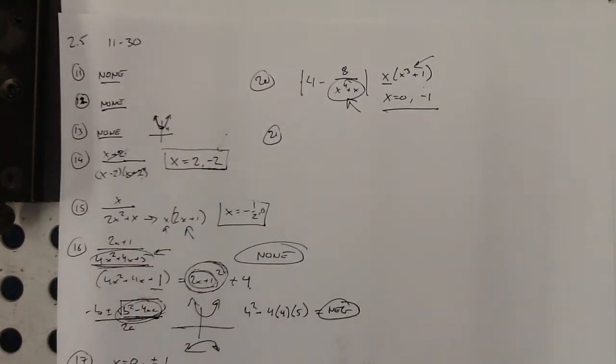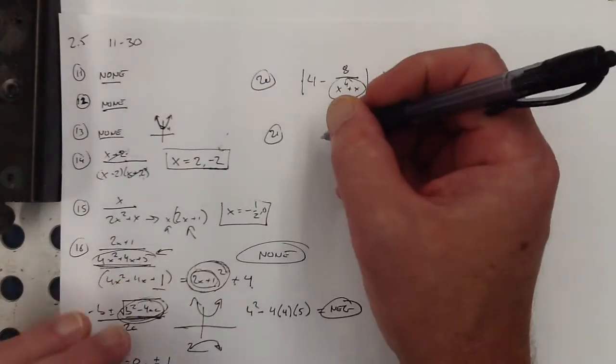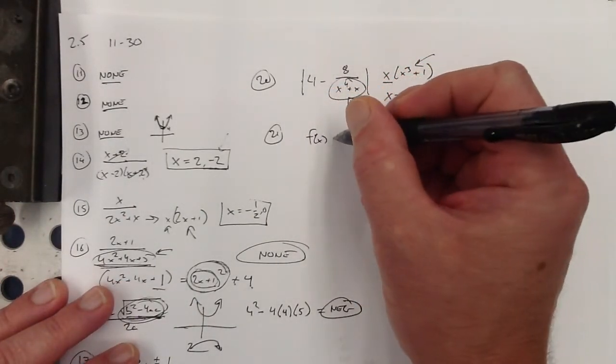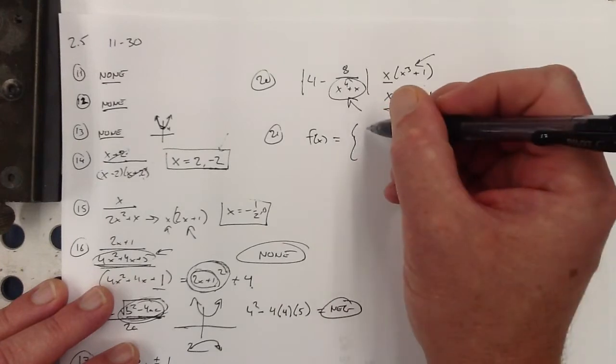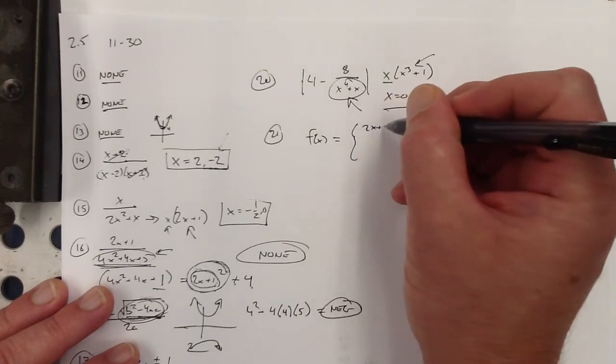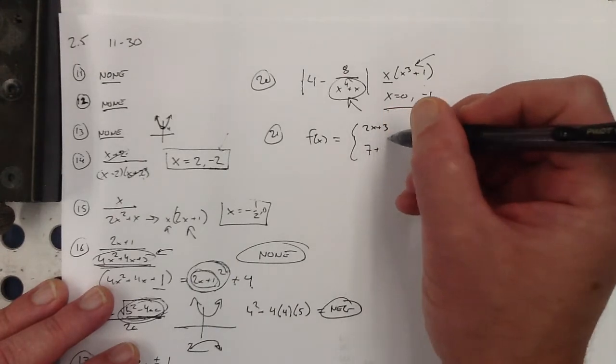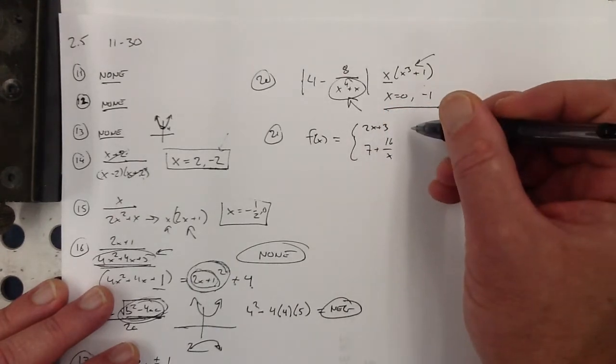Number 21. Interesting. Okay, so now this is super important for us to understand in a piecewise defined function. I get 2x plus 3, that's one piece, and I get 7 plus 16 over x.